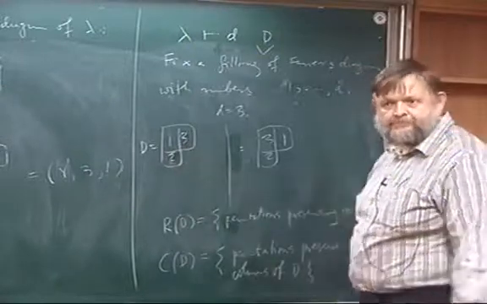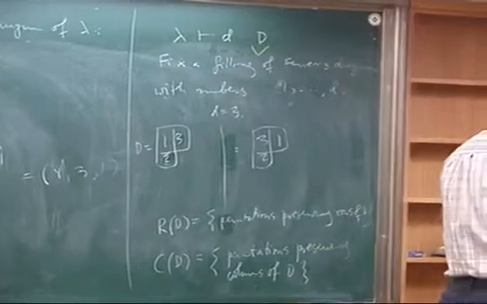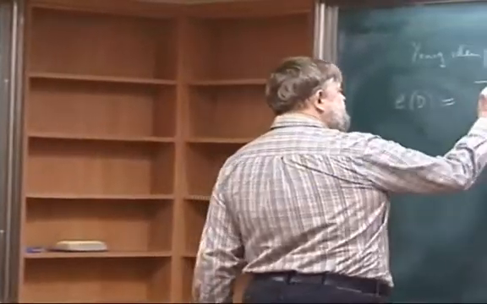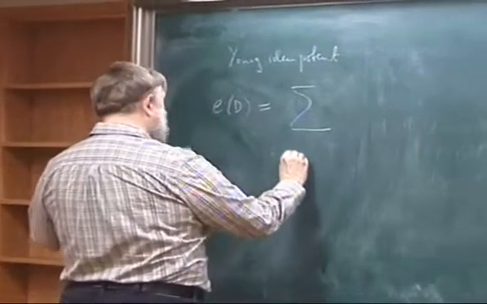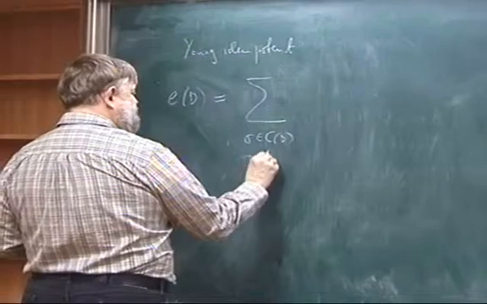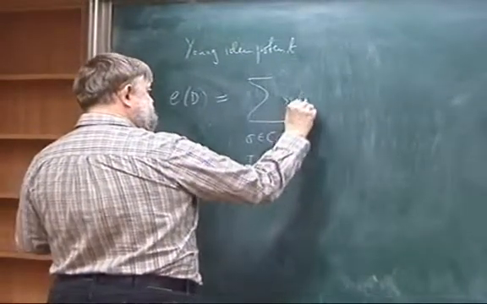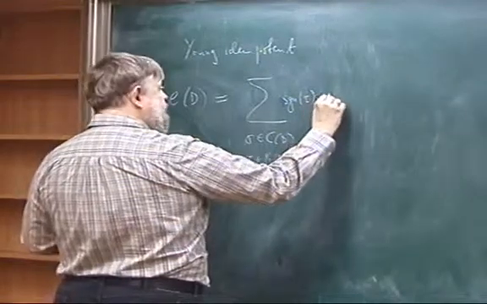Okay? So these are okay, and then this Young idempotent is defined in the following way. You take summation over all sigma in columns of D and tau in the rows of D. And here you put sign tau, sigma tau.